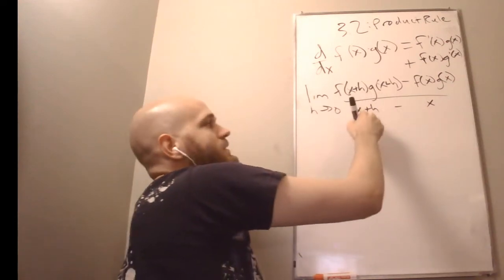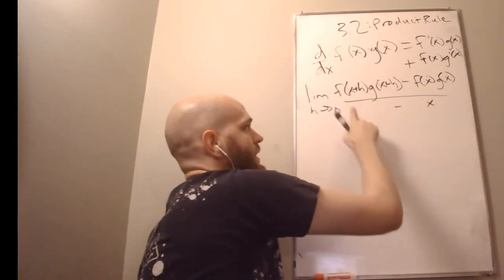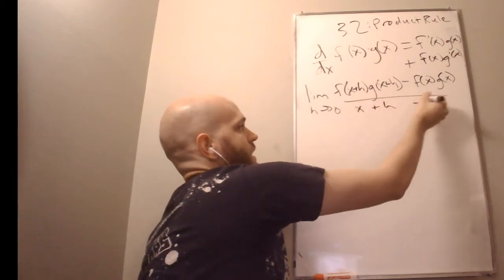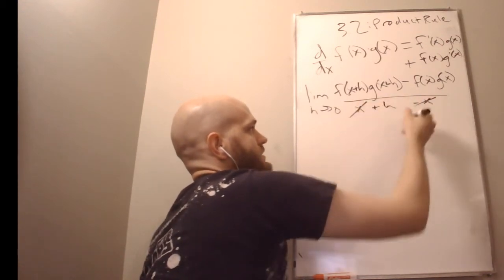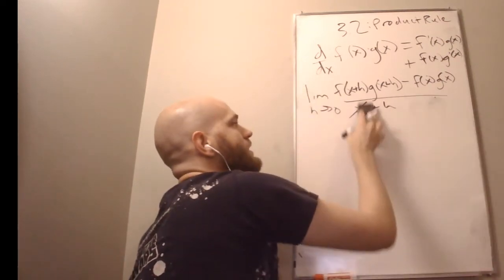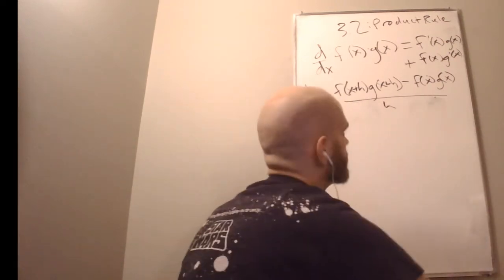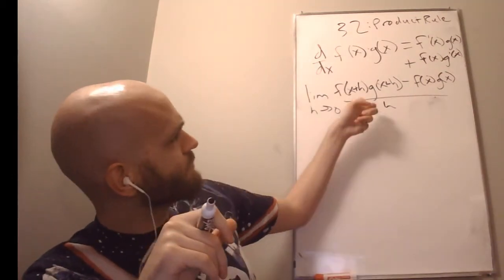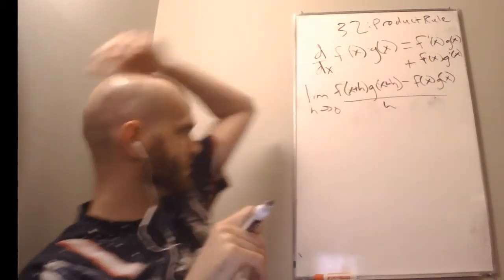And again, usually this is simplified to be simply h, because x plus h minus x, usually you'll see those crossed out, and so it becomes just h on bottom. So I'll leave that here, a little bit of board magic, that's fine. Now the question is, how do we get from this to that?